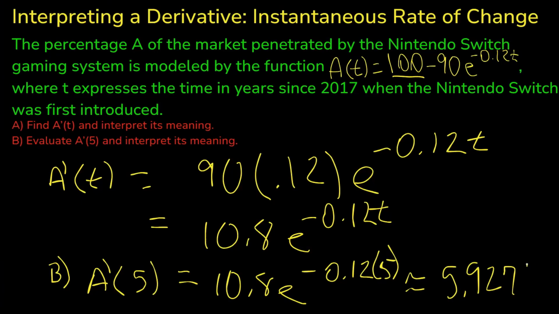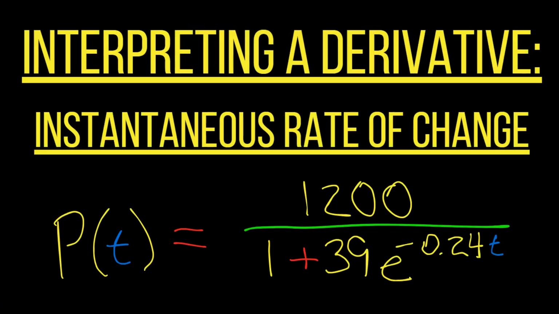The units on that would be percent per year. And to interpret this, we would say at t equals 5 years, the percentage of market penetration by the Nintendo Switch is increasing by approximately 5.927% per year. All right, so that's instantaneous rate of change as an interpretation of the derivative.